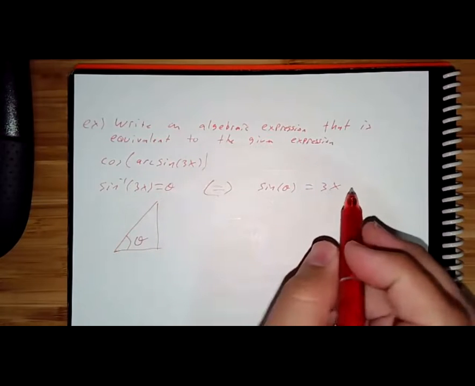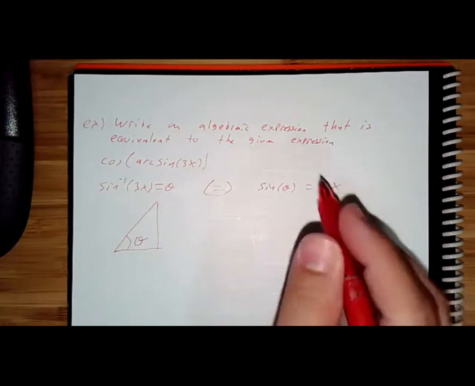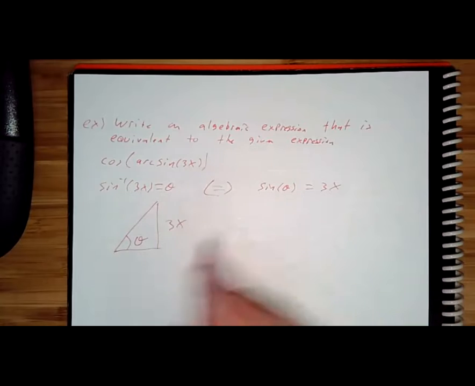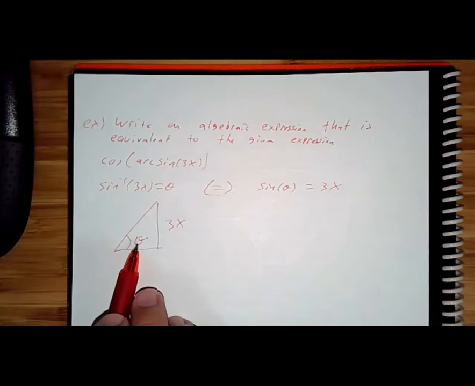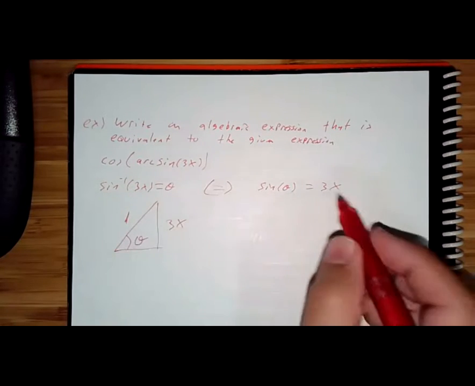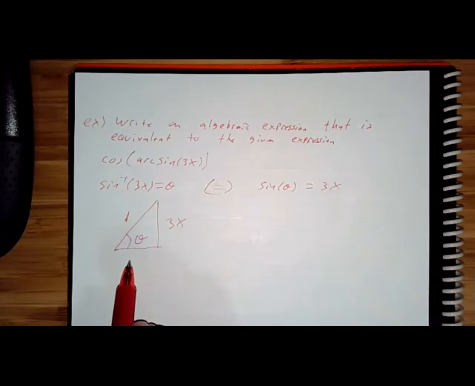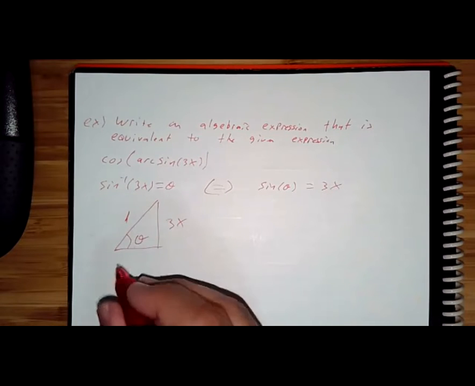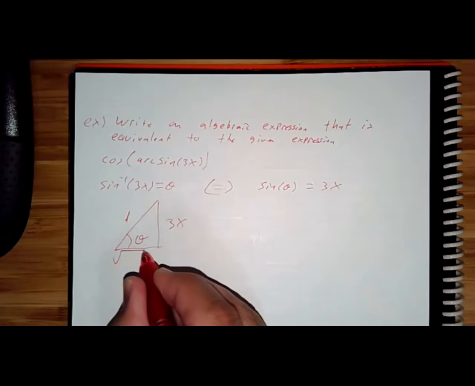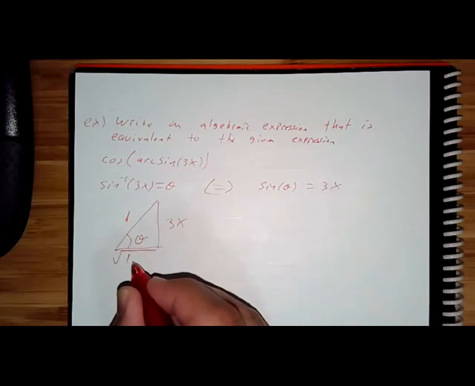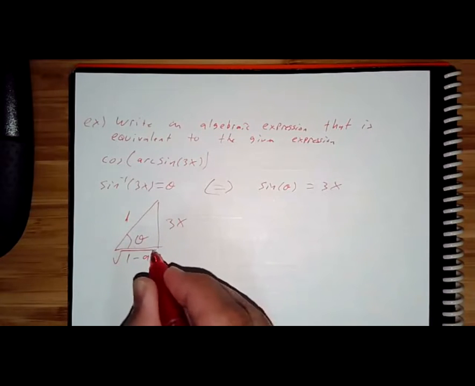So we know this is opposite over hypotenuse. So opposite of my theta that I chose to put here, hypotenuse will be 1 because there's always a 1 down there. We need to solve for the adjacent side. Adjacent side will be, using your Pythagorean theorem, 1 minus 9x squared.